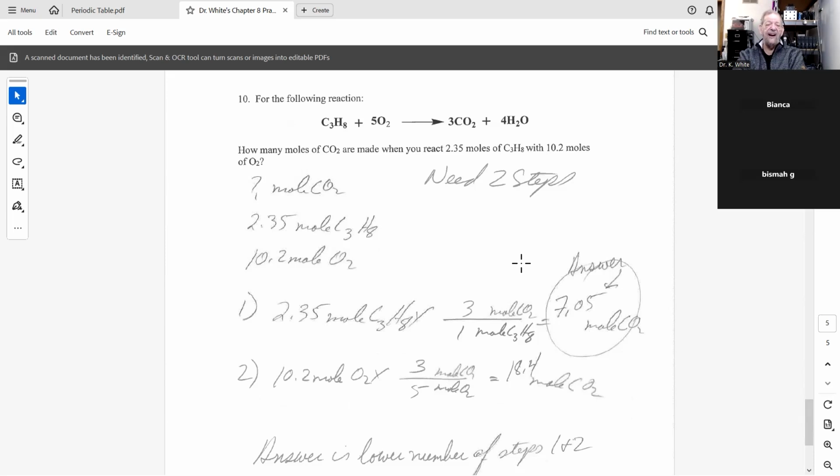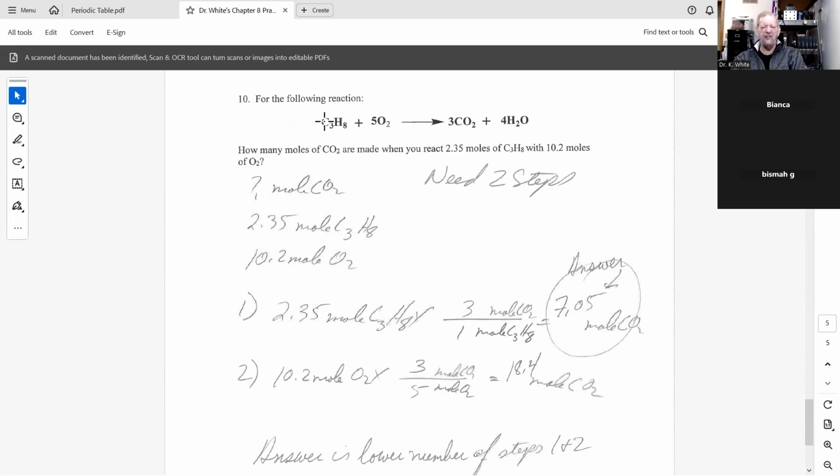But anyways, how many moles of carbon dioxide are made when you react 2.35 moles of C3H8 with 10.2 moles of oxygen, O2? So what are we trying to find? Moles of CO2.